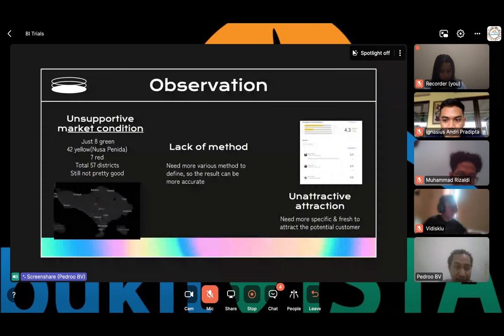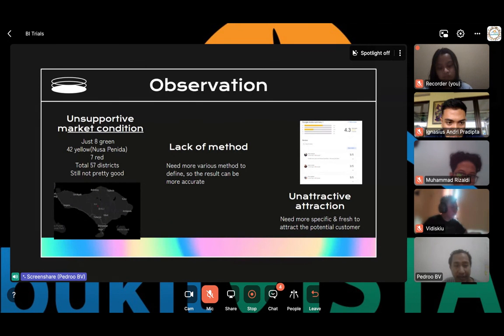Based on the data, for the condition regarding COVID-19 in Bali in general and in Nusa Penida, just for the status defined by green, red, and yellow, it's not quite good for Bali.